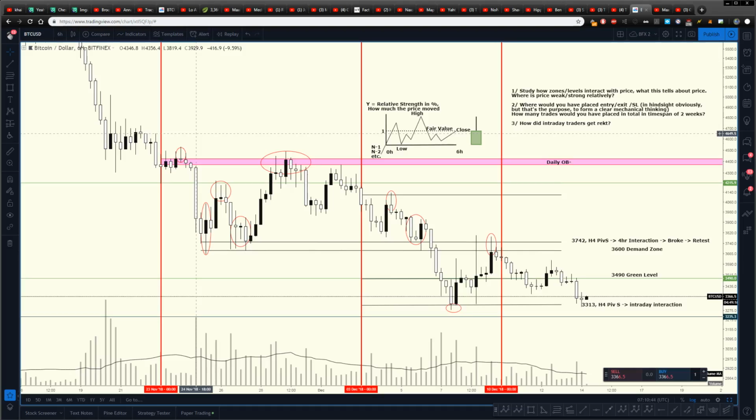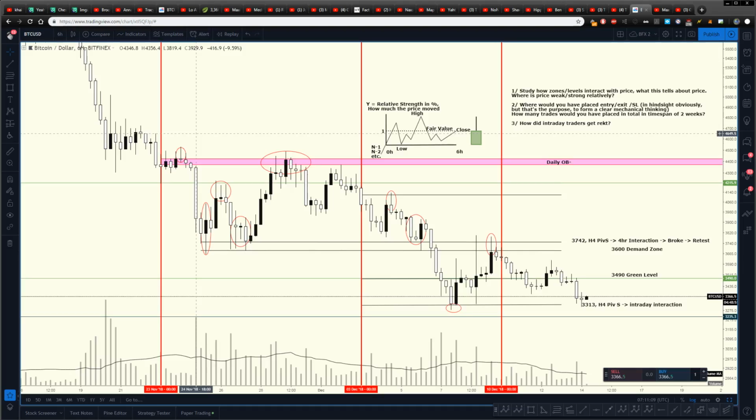This is maybe a tricky thing, but you shouldn't pay that much attention to it yet. Another thing is relative body. What we mean by that is that you compare a candlestick with previous candles and how it performed relatively.